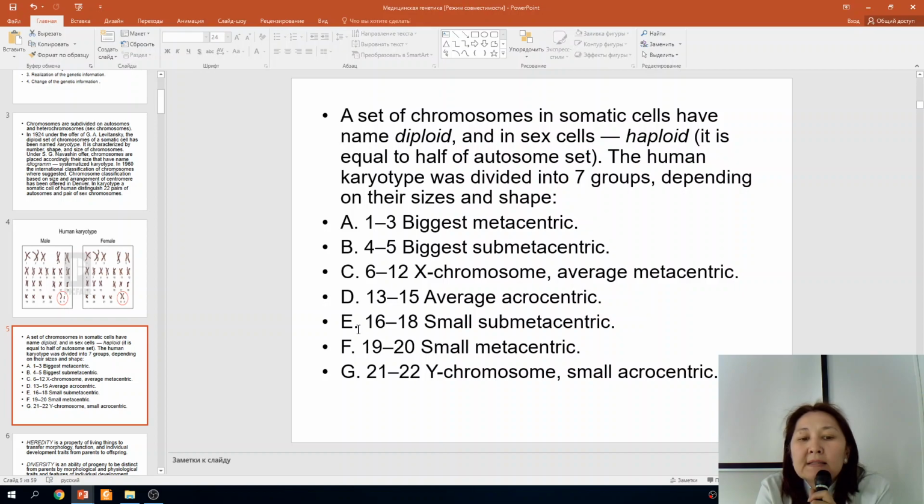E: groups 16 to 18, small submetacentric. F: groups 19 and 20, small metacentric. G: the 21st and 22nd pairs and the Y chromosome, small acrocentric.